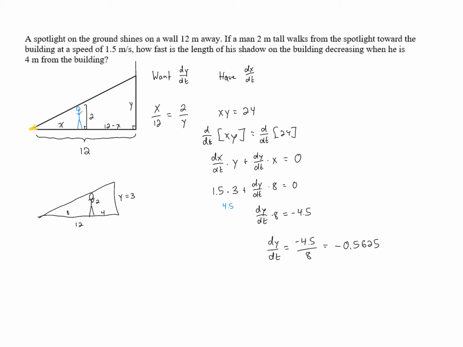And this is a speed here, and so it's going to be measured in meters per second. And so the question we were asked, how fast is the length of the shadow on the building decreasing? It is decreasing at a rate of 0.5625 meters per second.